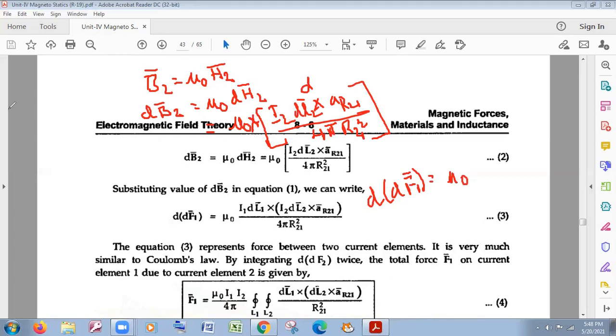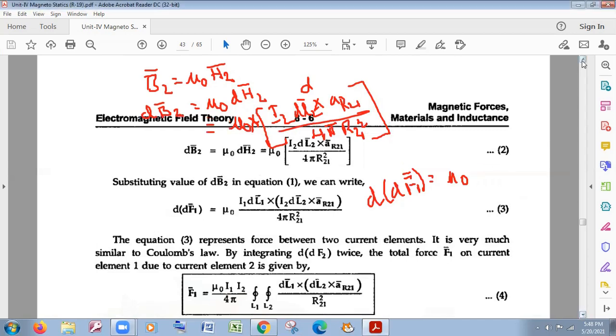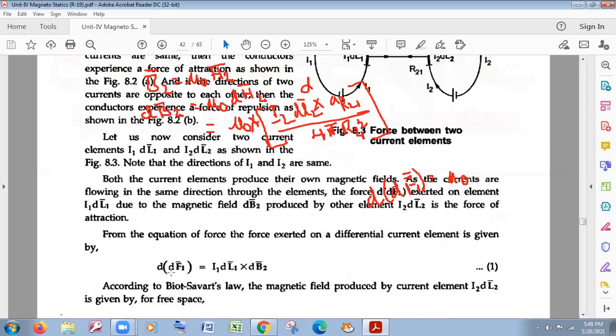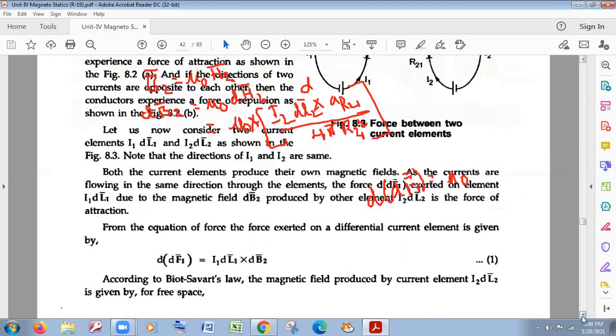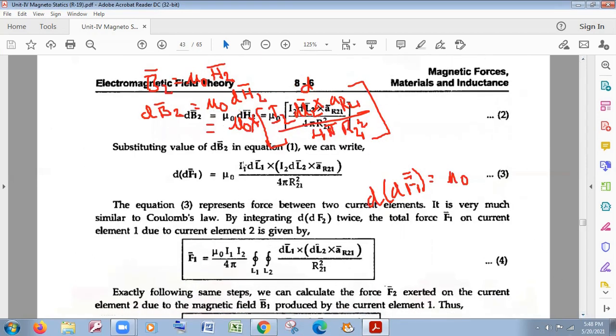So dF1 bar is equal to I1 dL1 bar cross, mu naught times I2 dL2 bar cross aR21 bar by 4 pi R square.